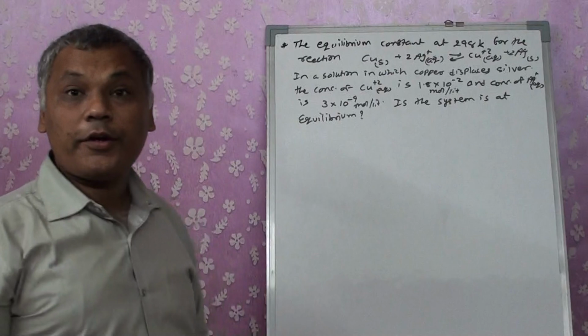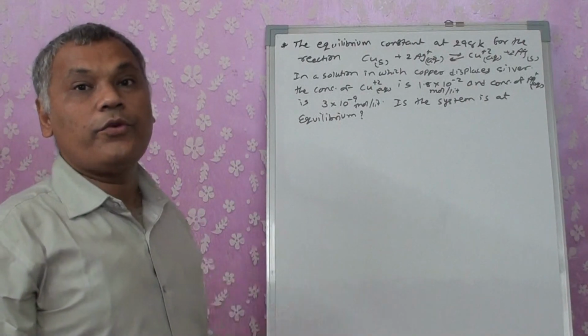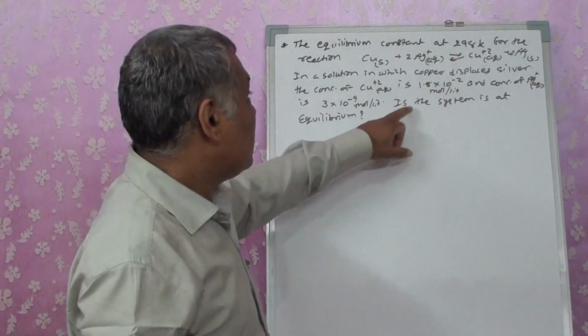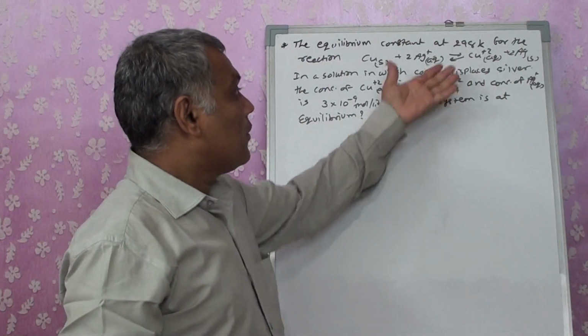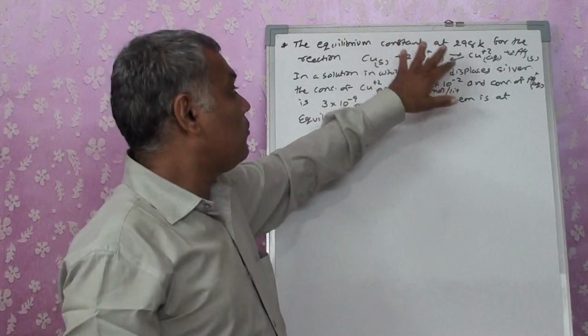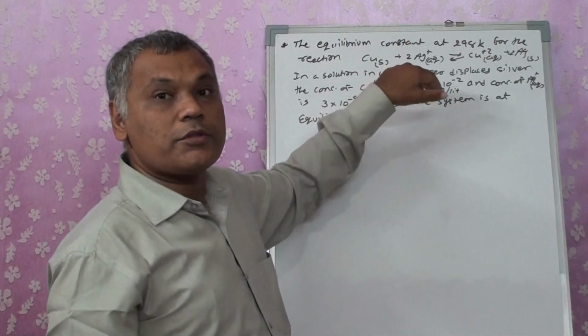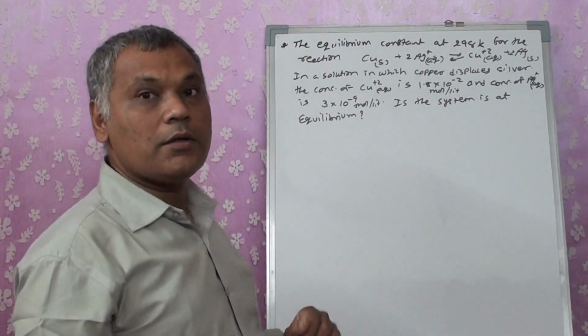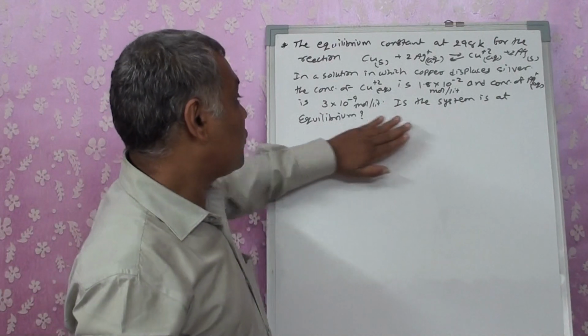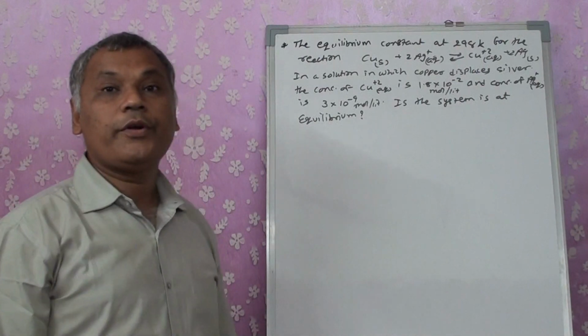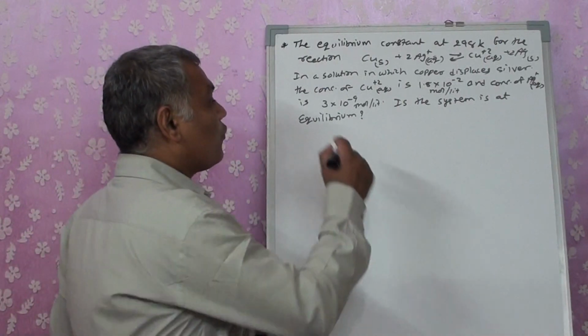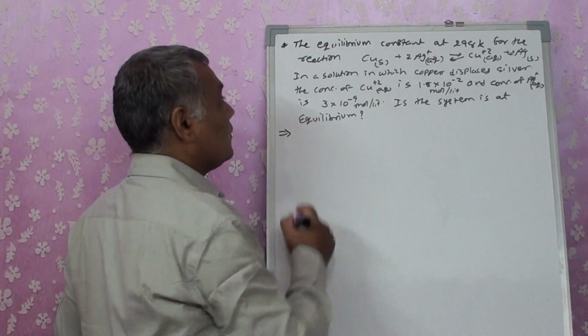As I already told you, these sums are not going to be straightforward. The equilibrium constant is given to me, and concentrations are given to me. Equilibrium constant equals products upon reactants, but the question asked is whether this is in an equilibrium condition. So first of all I will have to find out the Qc.